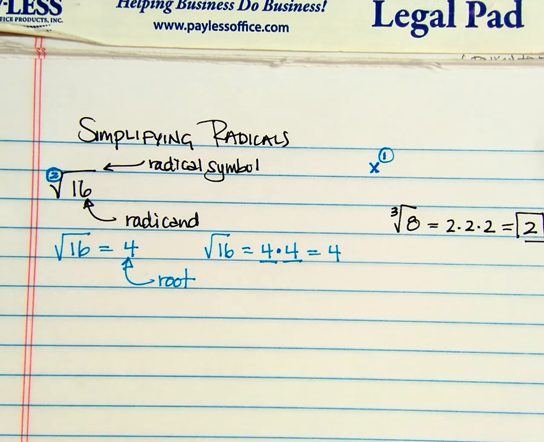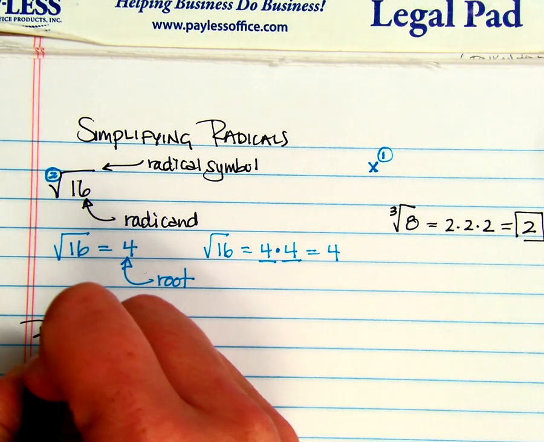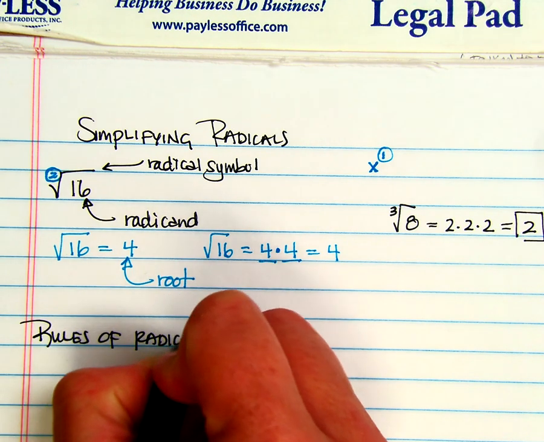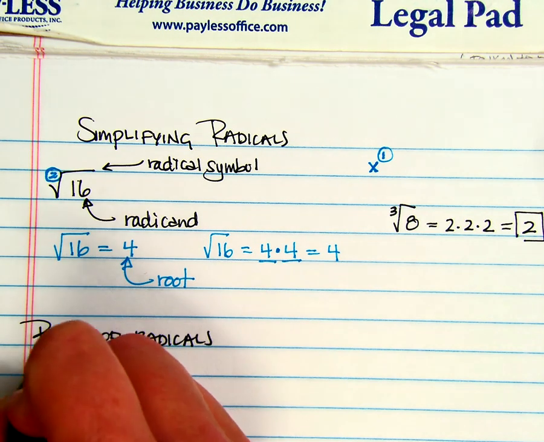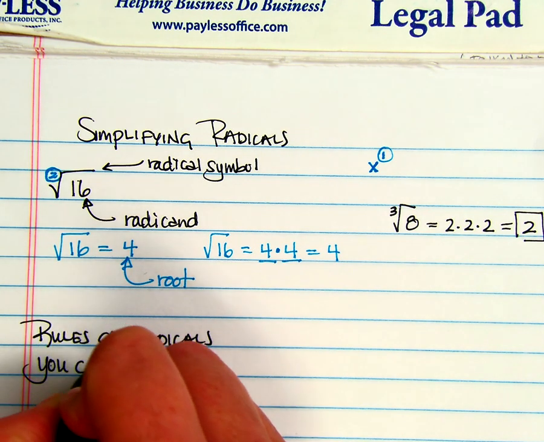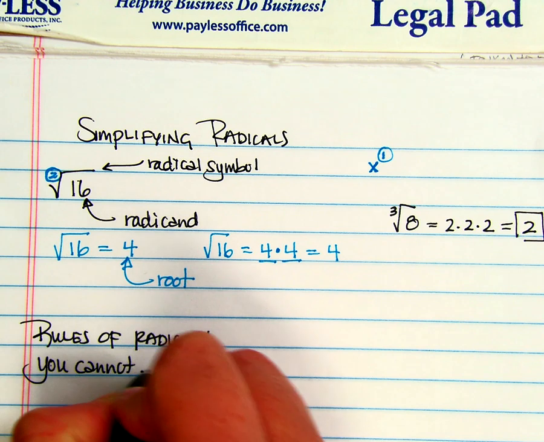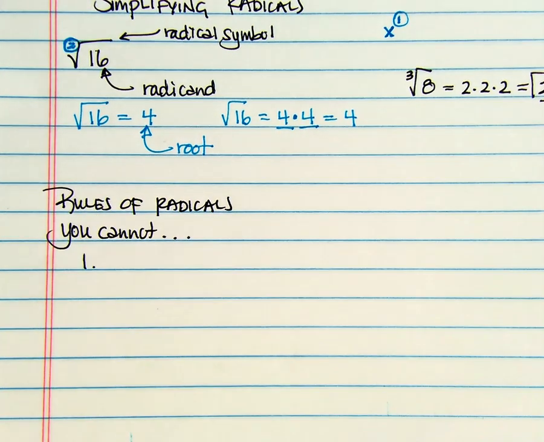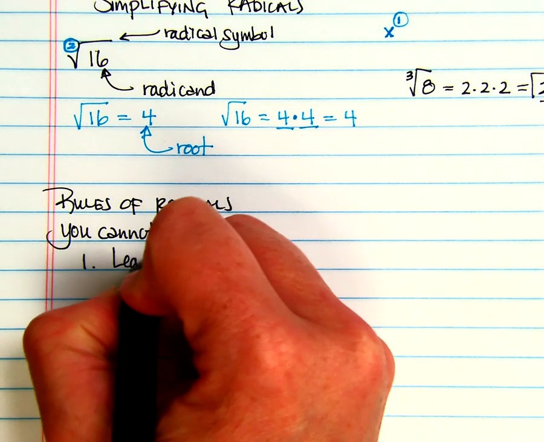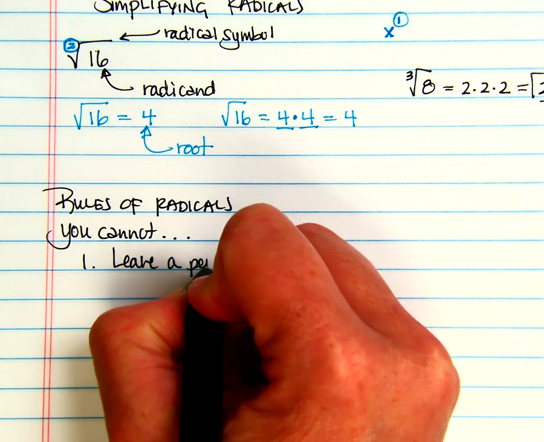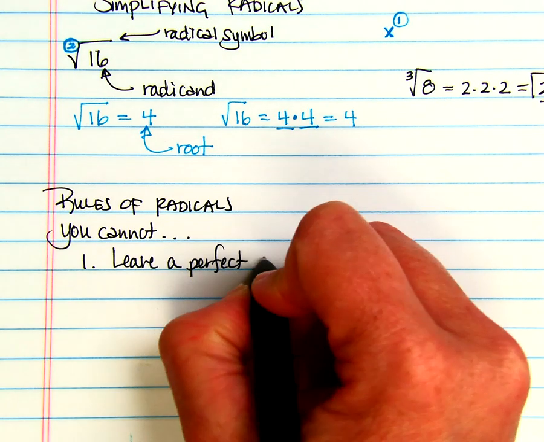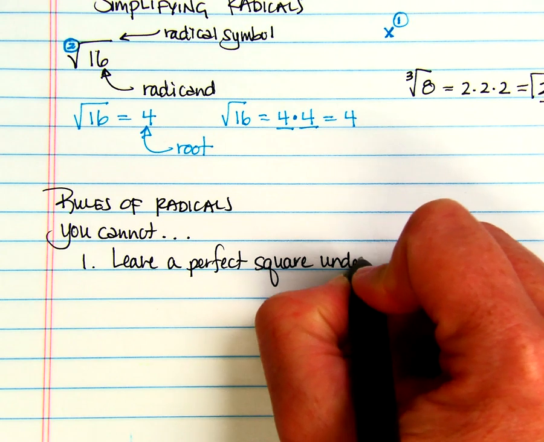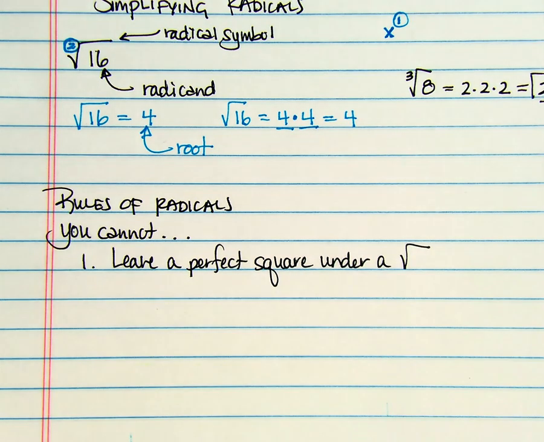There are some rules of radicals that you need to be aware of. Here are some things that you cannot do. One, you cannot leave a perfect square under a radical sign.